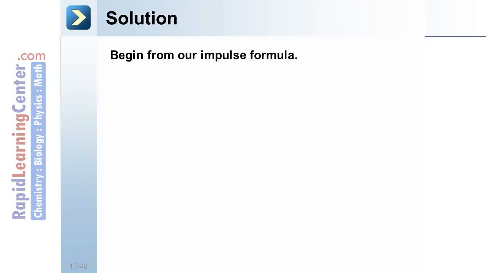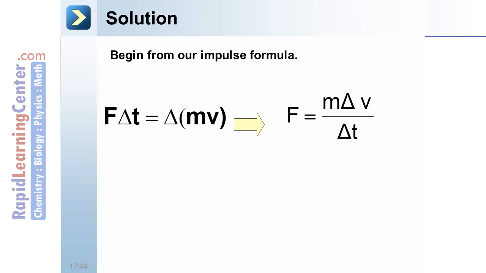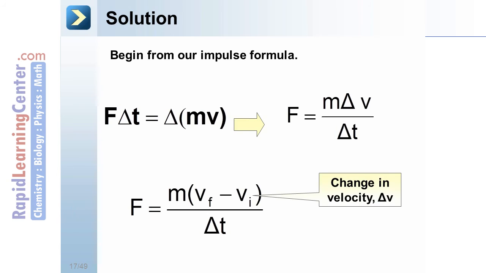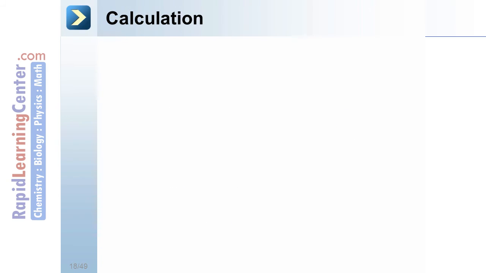Solution. Begin with our impulse formula. Ft equals delta mv. We're looking for force. In this particular example, instead of delta v, we might choose to use Vf minus Vi, which is the change in velocity. Calculation.